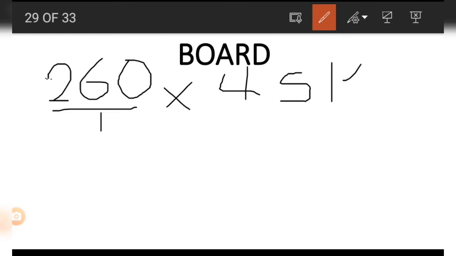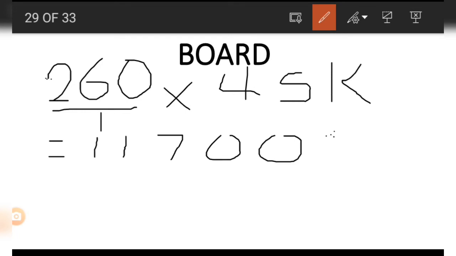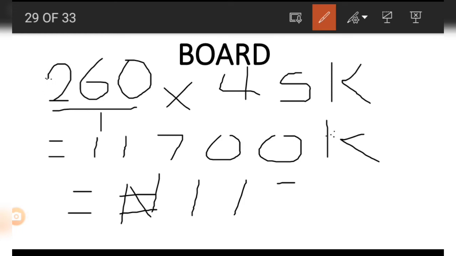So that is going to give us 11,700 kobo. If we change this to naira, we are going to have 117 naira.